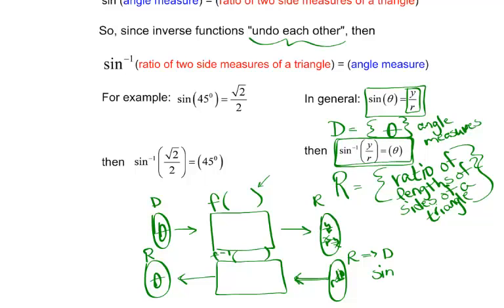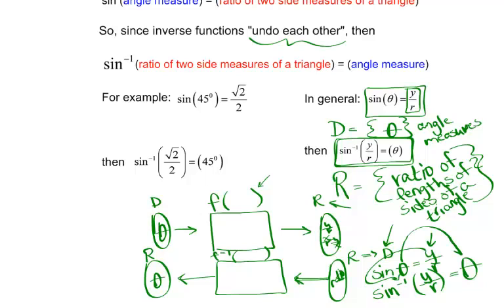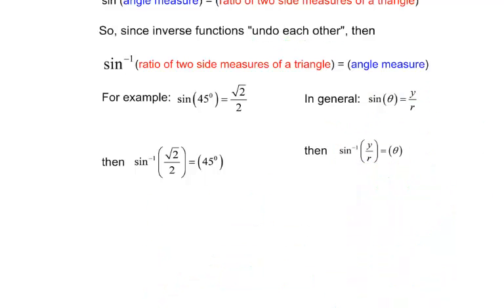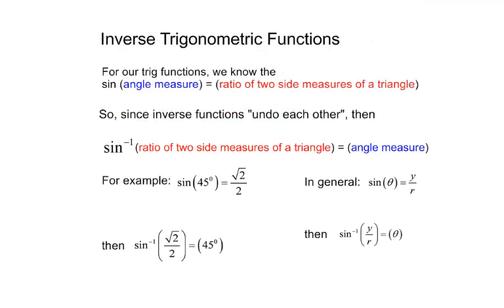If I take the sine of theta and I get the ratio y over r, then when I reverse that operation, when I pick up that original range value and force it to be the domain of the inverse function, then the result that I should get out was my original input value, my original domain value. So the same is true for trig functions, just as it is any algebraic function.